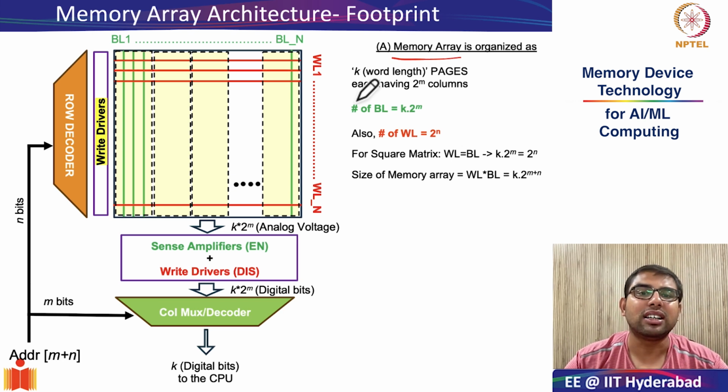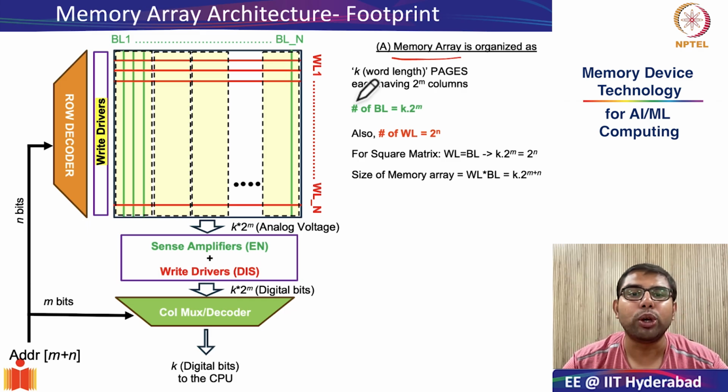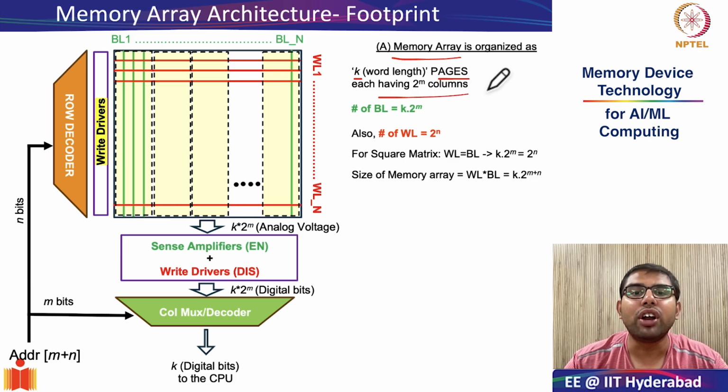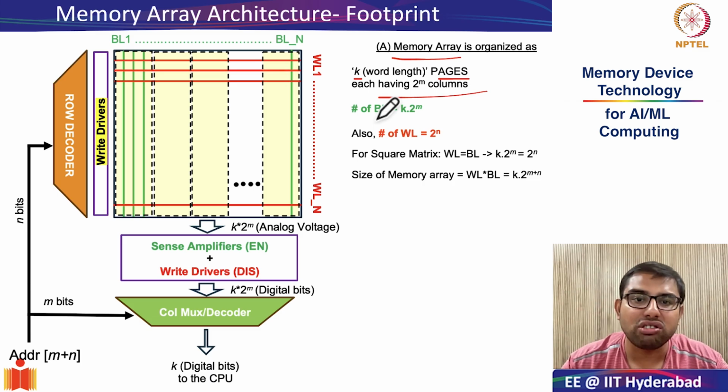Now, what is the definition of a page? A page is the same as the word length. Remember, word length is the addressable data size of your CPU data bus. And these K pages, the word length, each have 2 to the power of M columns. Therefore, the number of vertical bit lines from where you will finally extract one bit of data is K times 2 to the power of M.